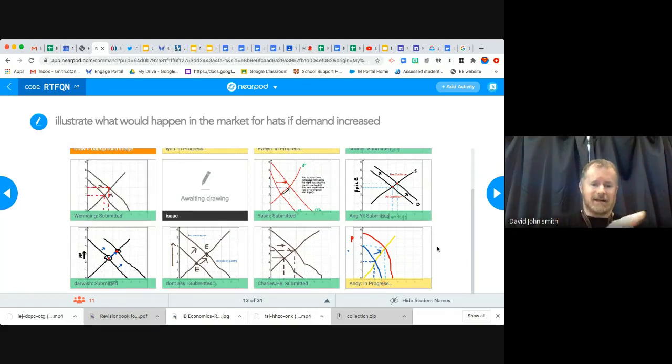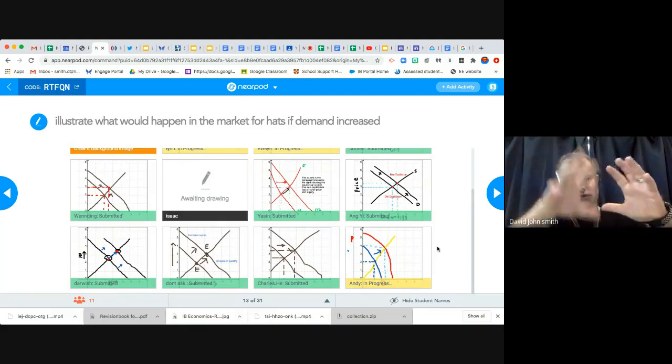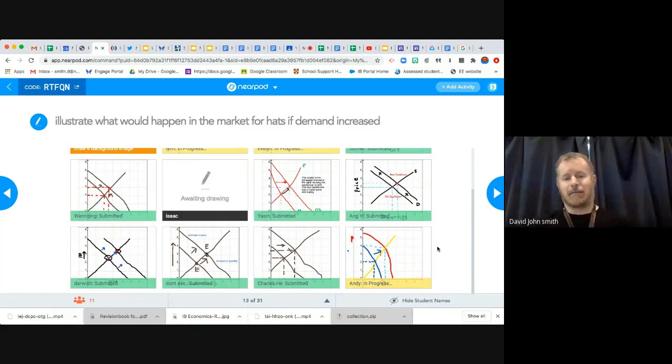So if there is an exam question that asks what would happen in the market for hats if demand increases, then you're able to do a quick sketch and an explanation as to what's going to happen. That way you are covering not only the application of the model, but also the skill of the explanation that comes after that, and that can be worth about 6, sometimes up to 8 marks, particularly if there's further analysis that could come into it.